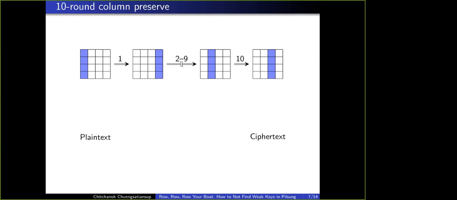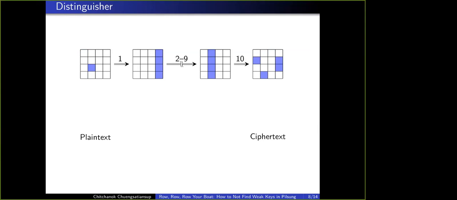I mean, 1 column, 4 bytes in the same column that are preserved. With this, we can build a distinguisher to distinguish between ciphertext that is produced from Pilsung and a random ciphertext. And this is a simple way to express why we care about this column-preserving shift row or permutation.